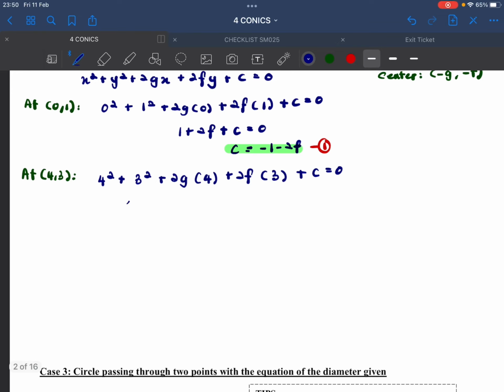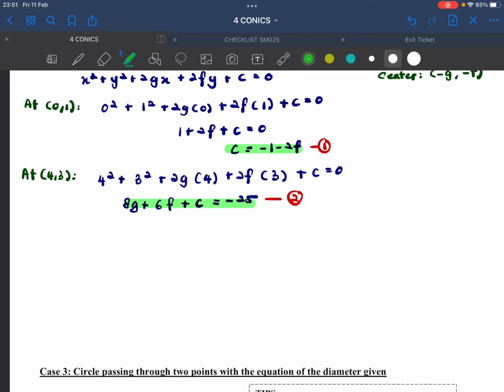We have 8g plus 6f. 4 square plus 3 square gives us 25. So plus c equals -25. Let's just leave it like that. This is our second equation.